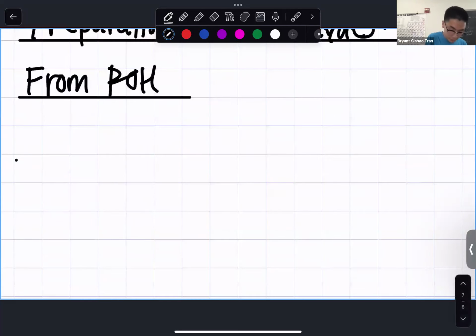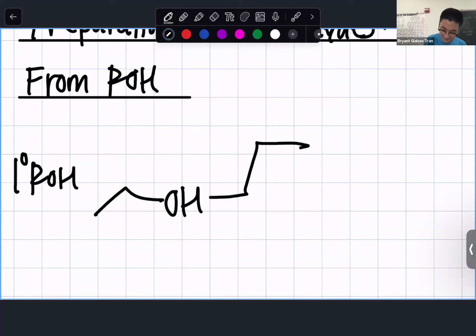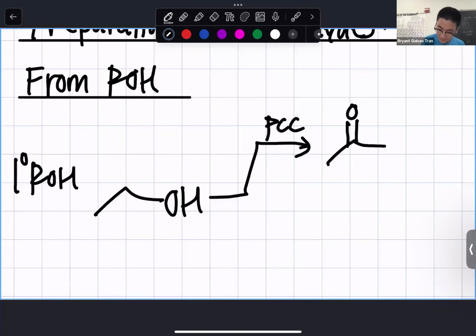Let's say we have a primary alcohol. What reaction can make this primary alcohol into an aldehyde? Yeah, PCC. That oxidizing agent can turn that primary alcohol into an aldehyde.